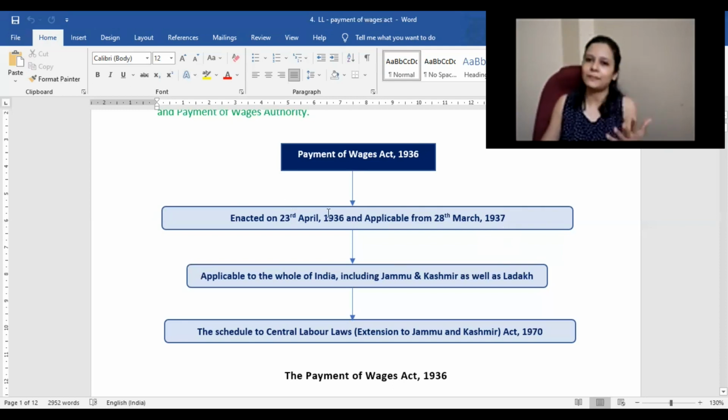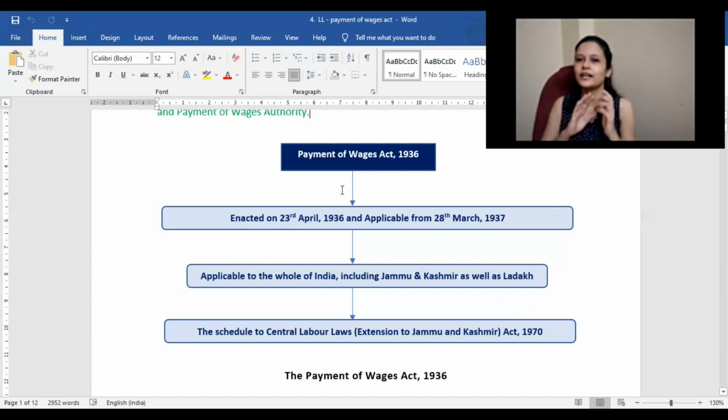Now, regarding applicability in the entire India, we have seen that the Contract Act, Specific Relief Act and other legislations became applicable to Jammu and Kashmir and Ladakh only in 2018, by the Reorganization Act.